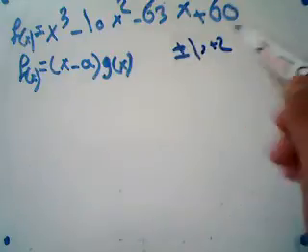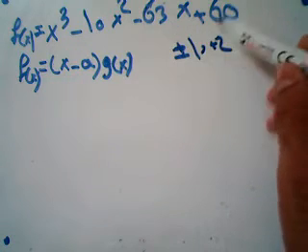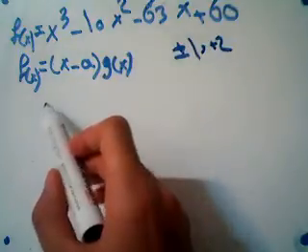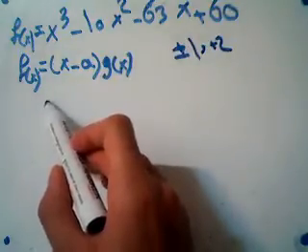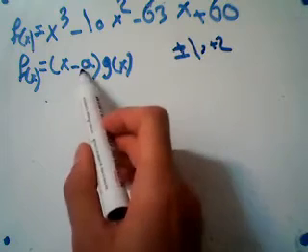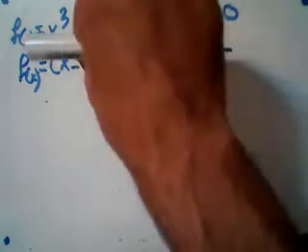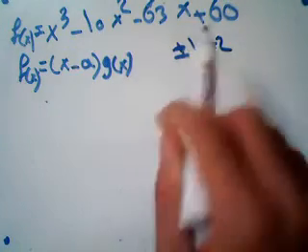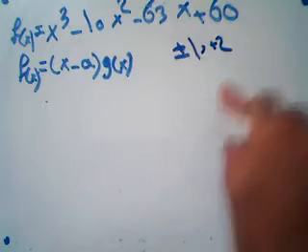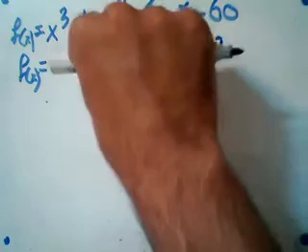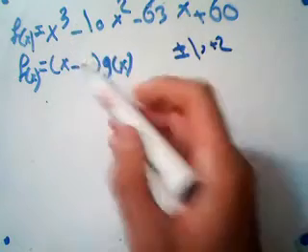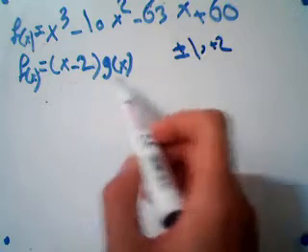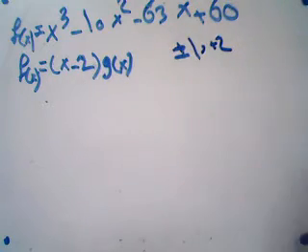Okay, and here, instead of substituting 2 into this, check this out. Here we want to know if 2 makes it 0 or not. So if 2 makes it 0, then x minus 2 is a factor of it, and it should be equal to x minus 2 times another polynomial.